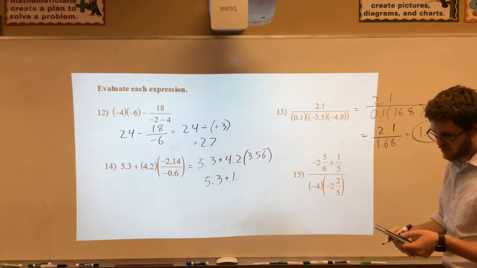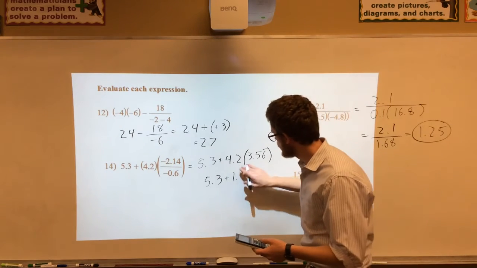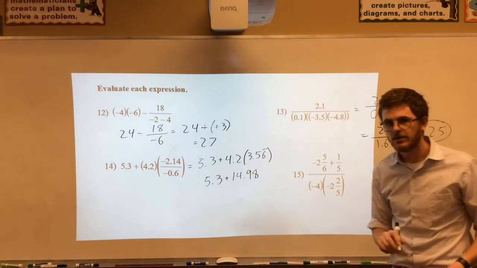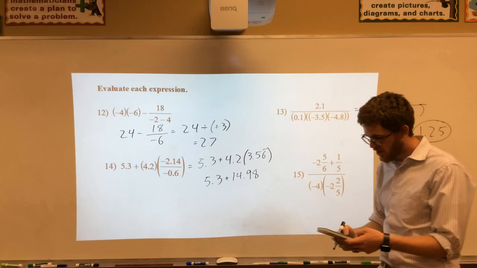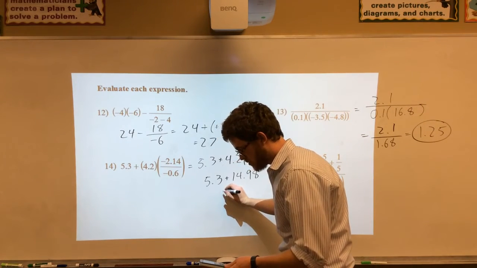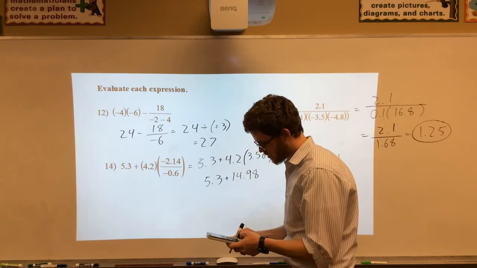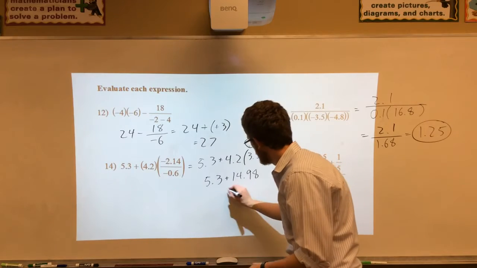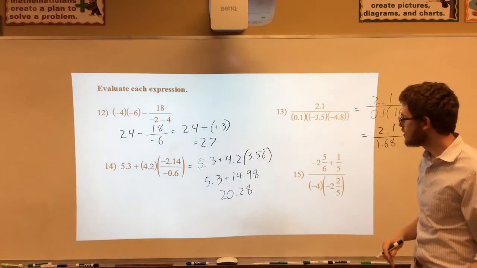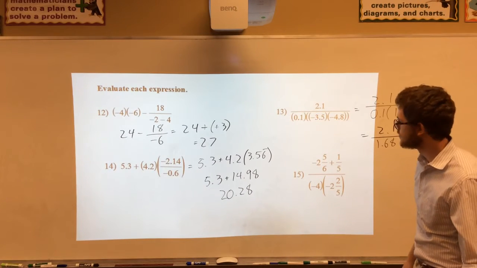Let me redo that there. We've got 14.98. When we add these together, we've got 20.28. Again, we should know our decimal operations, so that shouldn't be the part that is getting us confused.